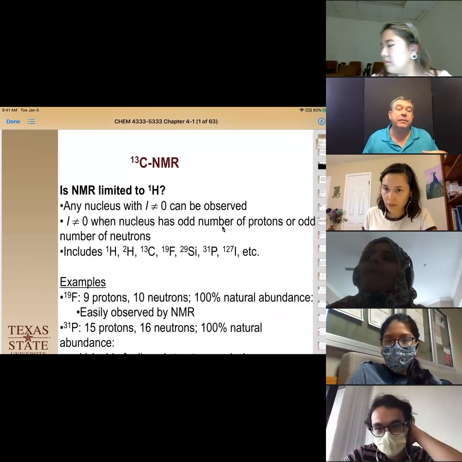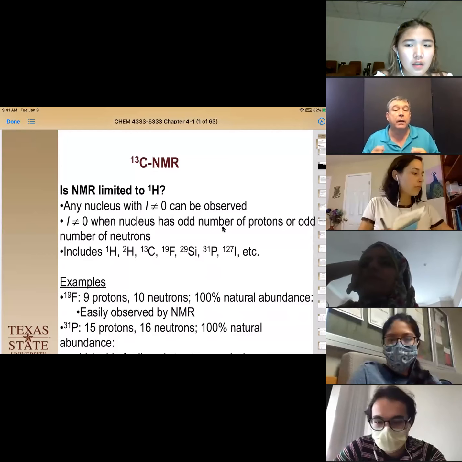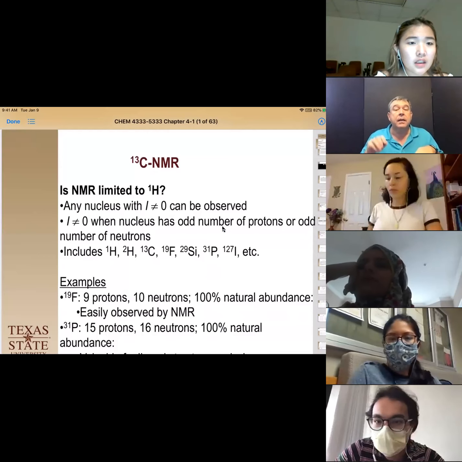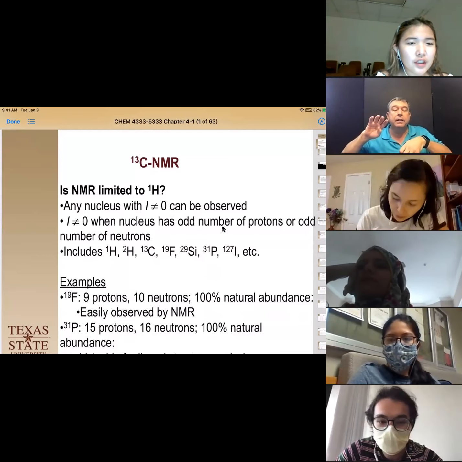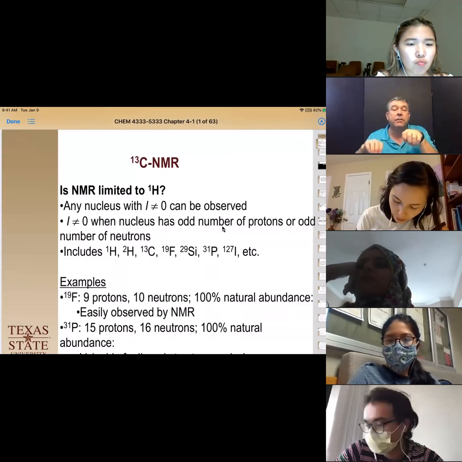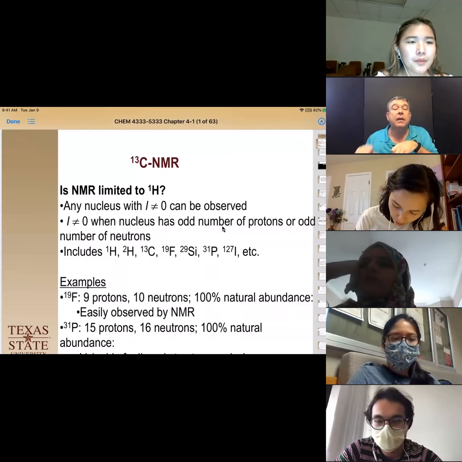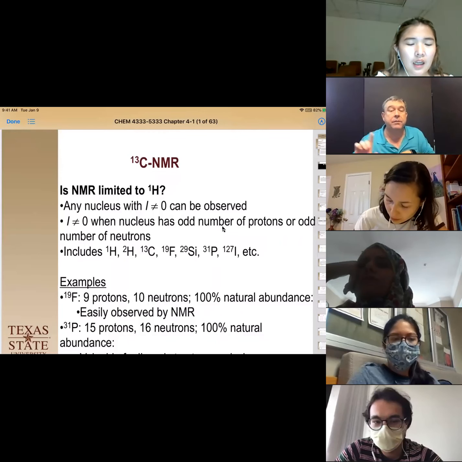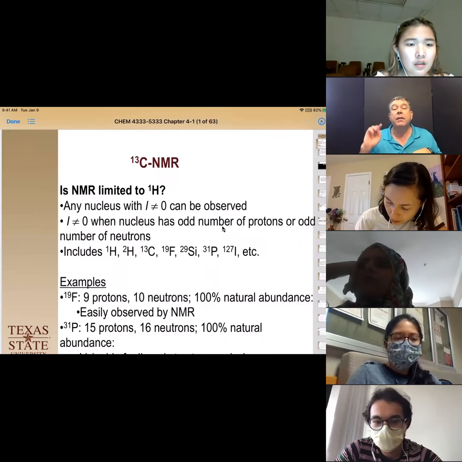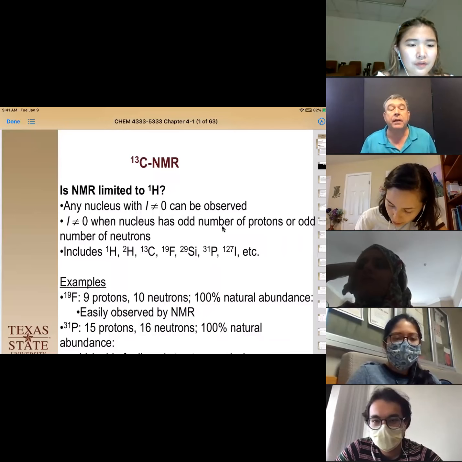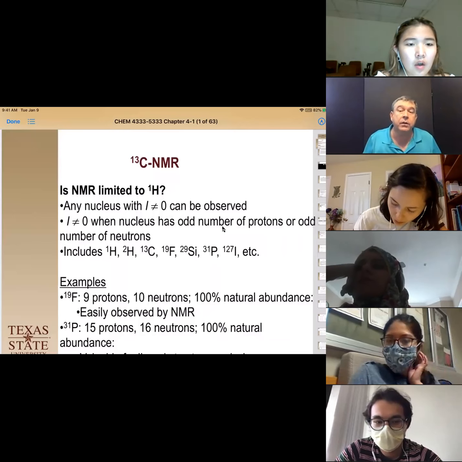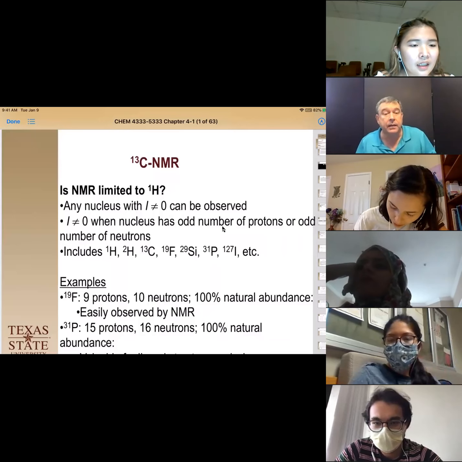And those spin-active systems tend to be things with an odd number of protons or an odd number of neutrons, which means not all of the spins of the individual protons and neutrons can align in a field. Therefore, we have one spin out of alignment with the rest, and then we can see it and probe it.